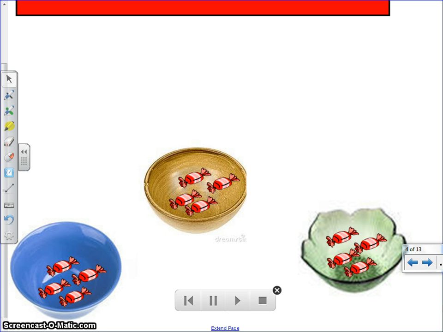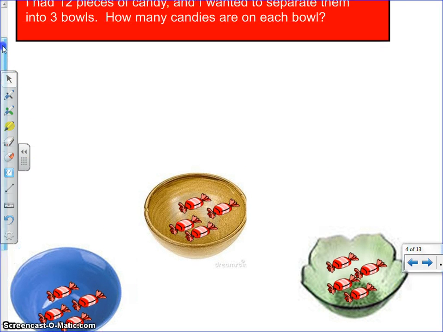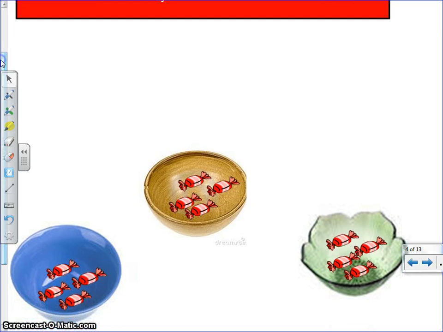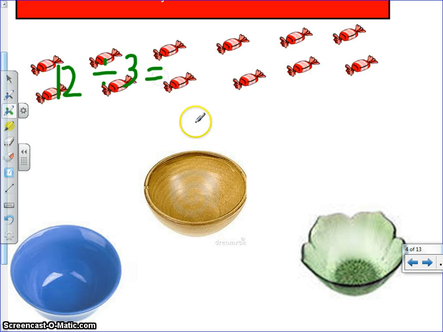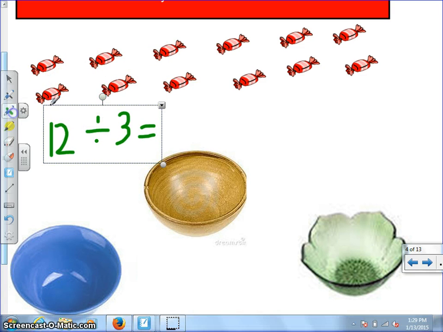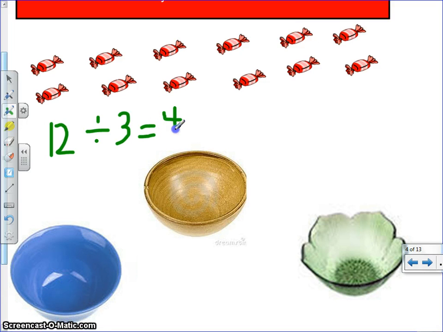So if I take my 12 candies and I divide them by 3 bowls, so I have 12 divided by 3 is going to equal 4 candies in each bowl, like we just saw.